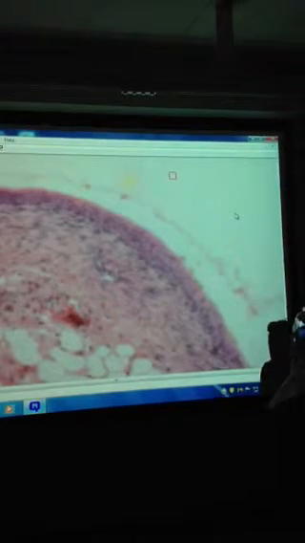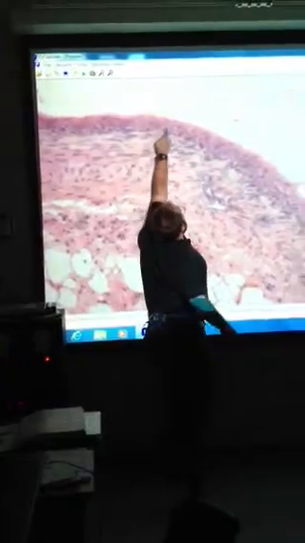I thought that only the bladder had transitional epithelium. The bladder does, but the entire urinary system from the renal calyx is. Okay. So you can see these lumen cells.